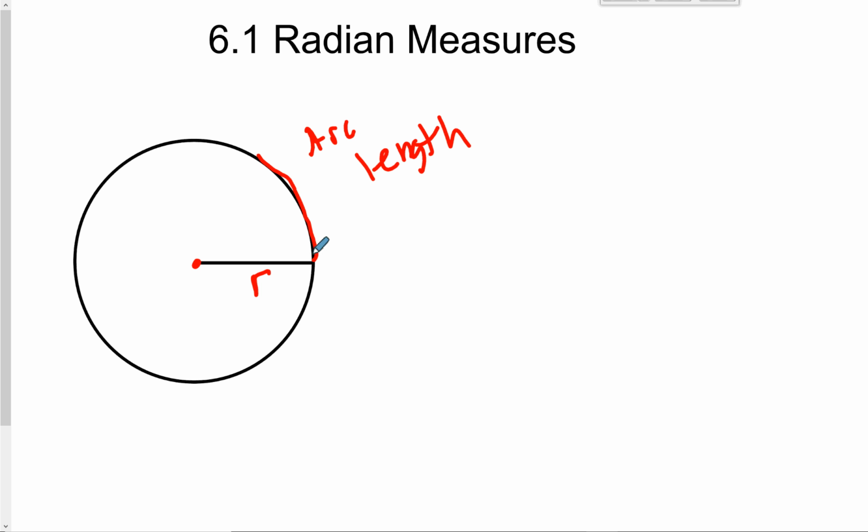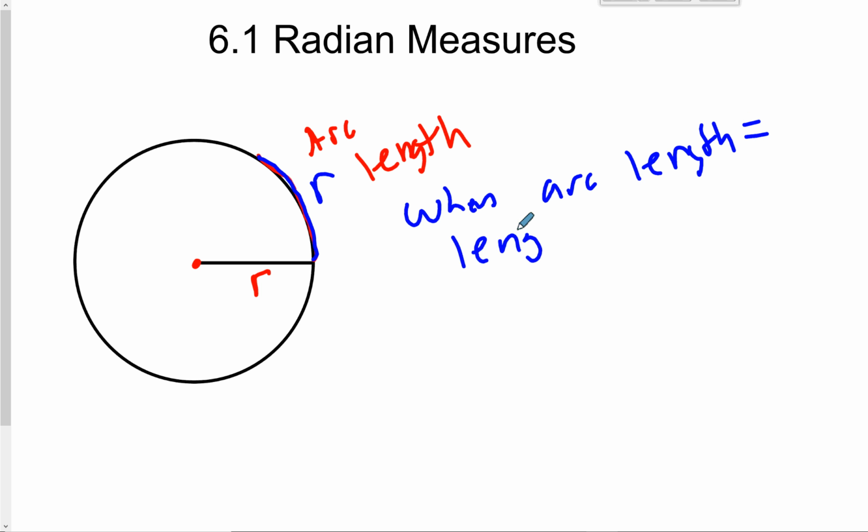Well, when that distance is the same distance as your radius, so when arc length equals the length of the radius, that is 1 radian.